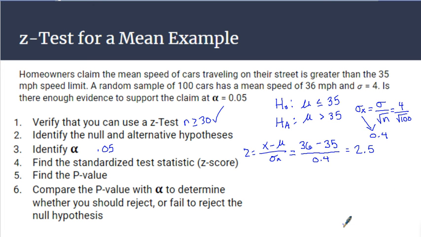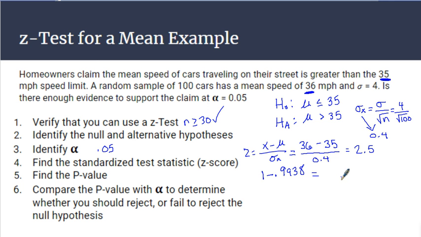Then I'm going to use my z-table. And the number on my z-table there is going to be 0.9938. Then we have to decide whether or not we should do 1 minus that number. Our sample mean is higher than our population mean, so we are going to subtract because we're moving away from the mean there.